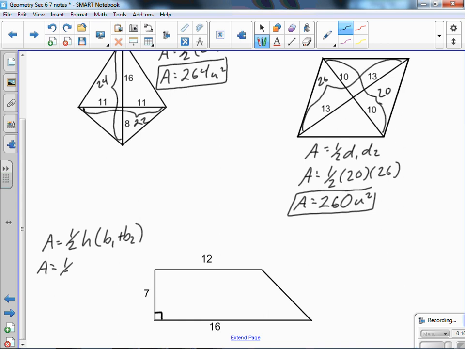So 1/2. And if we look, this side has a right angle marked. So that tells us that this side length of 7 is actually the same as the height from the 12 to 16, the base 12 and base 16. So we can use that as the height. That's 7. Then base 1 is 12 plus base 2, 16.